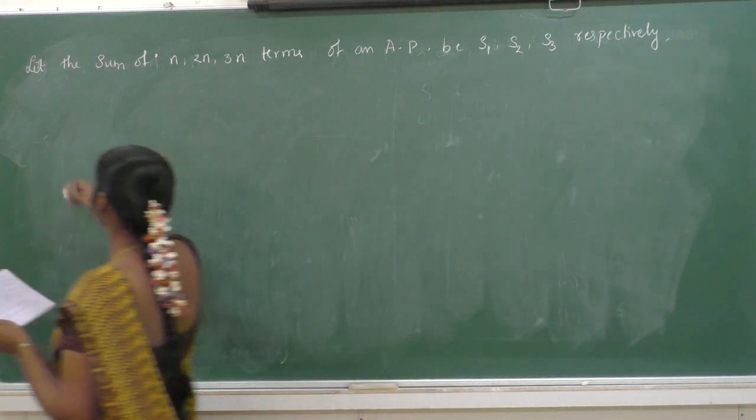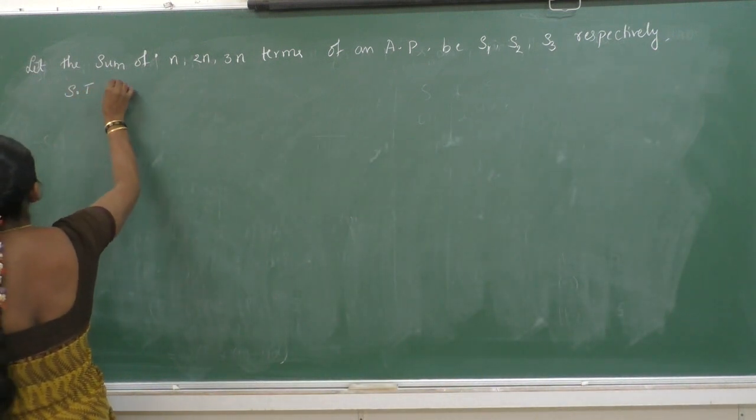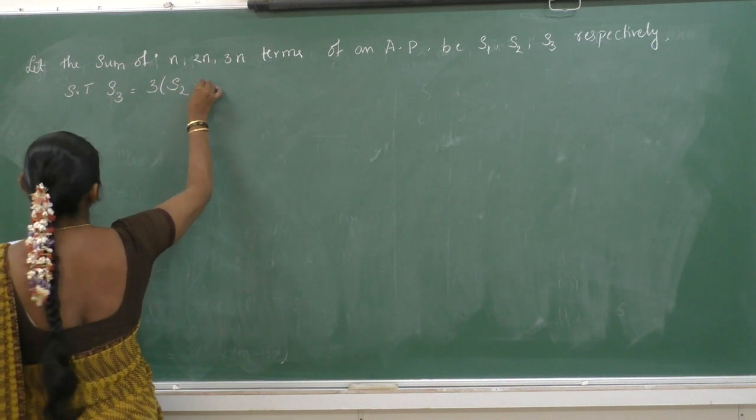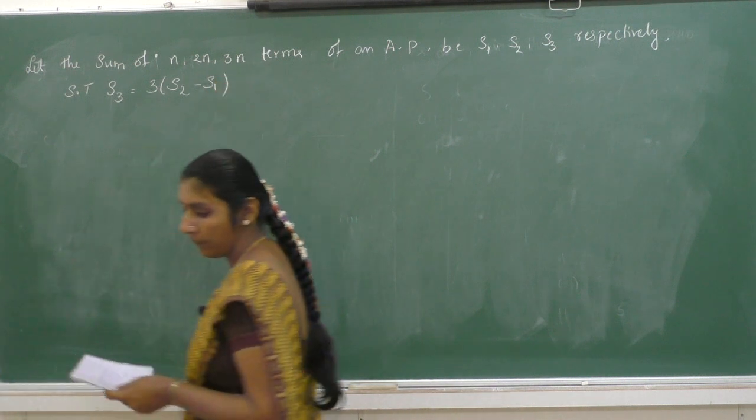Show that S3 is equal to 3 times S2 minus S1.